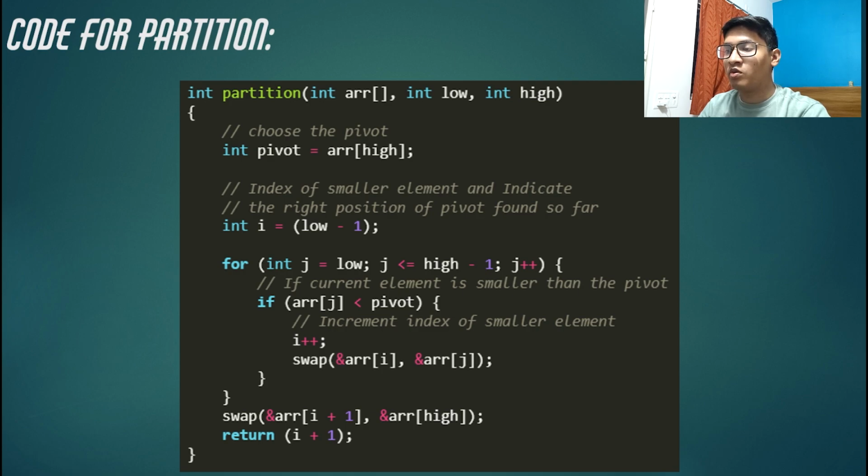If it is less, then i increments by 1 and we swap arr[i] with arr[j]. After this whole loop ends, we swap arr[i+1] with arr[high], meaning the last element. After this partition, we return i plus 1.